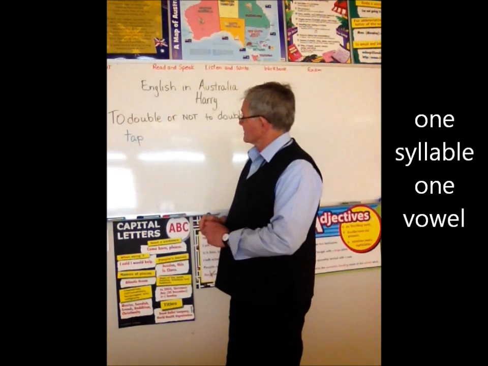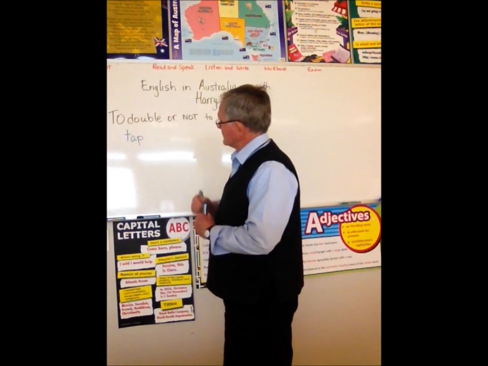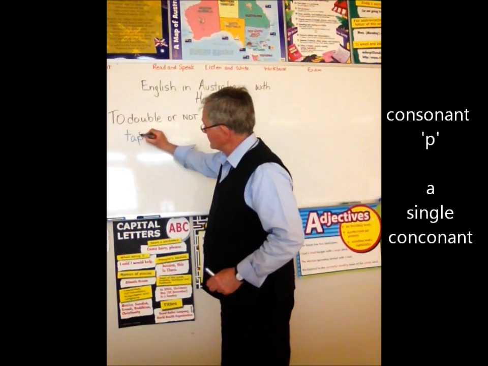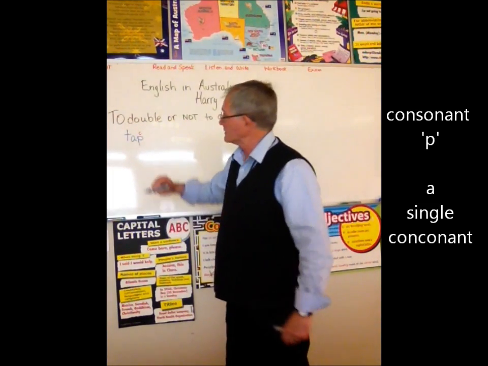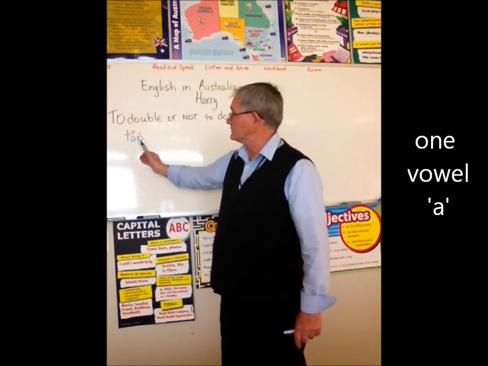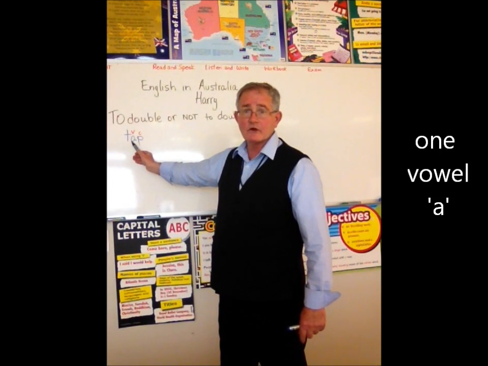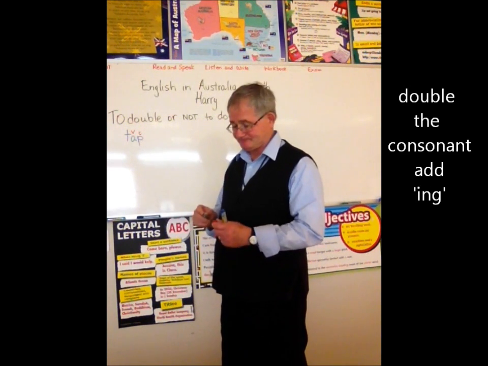So we have here, in this form, on the end of the word a single consonant, and we have one vowel. So we have one consonant and a vowel before the consonant: double the consonant and add ing.